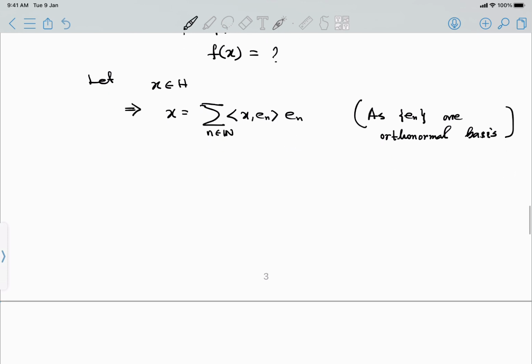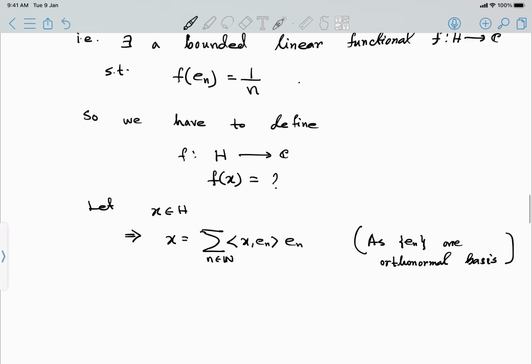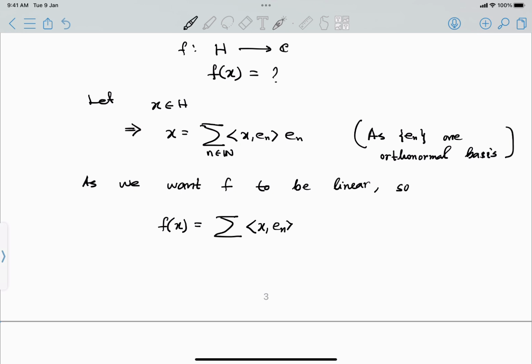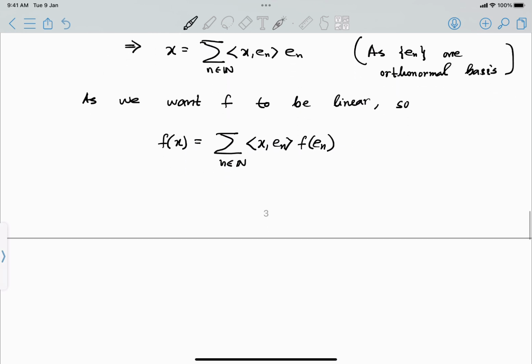Right. Now we want a bounded linear functional, so f should be linear. As we want f to be linear, f of x should be given by the sum of the scalar times f of En. So f should be of this form if such a linear function is given.